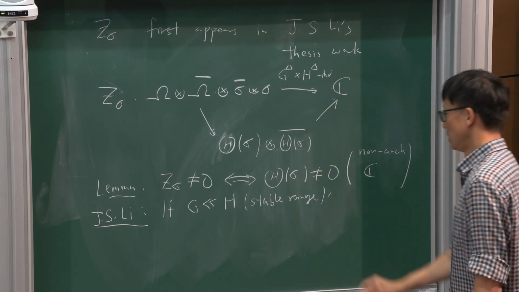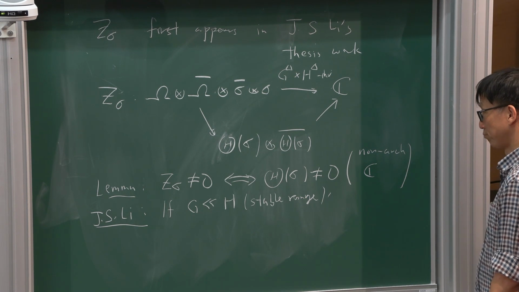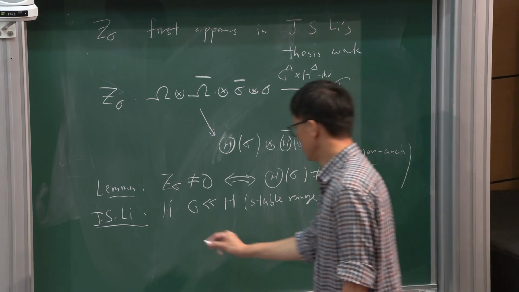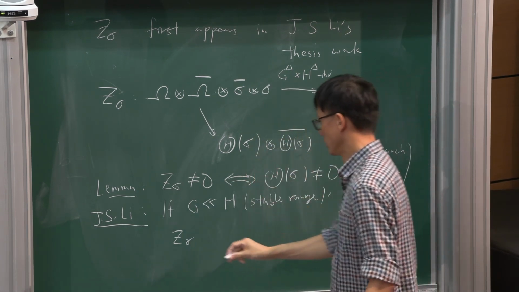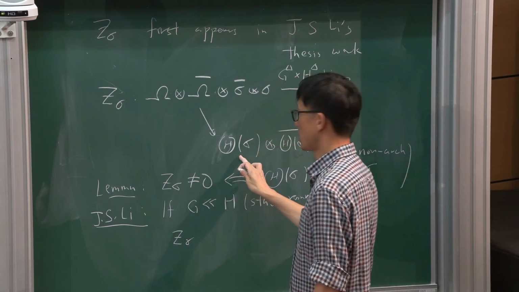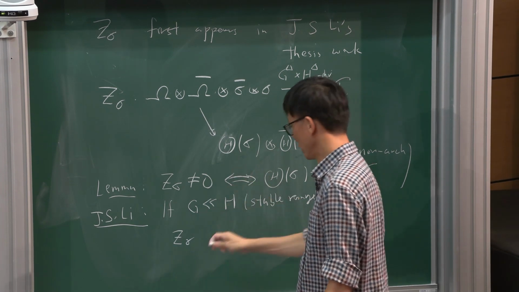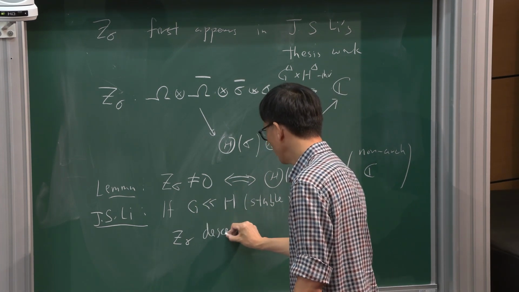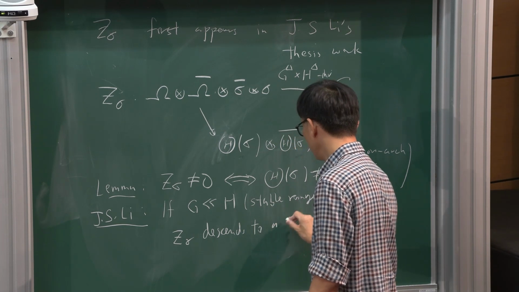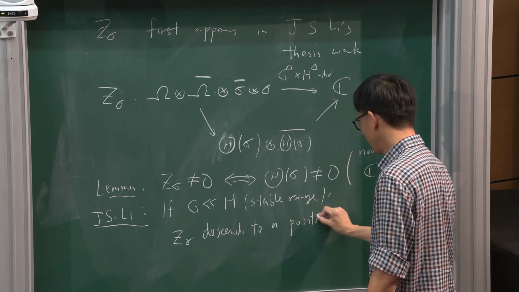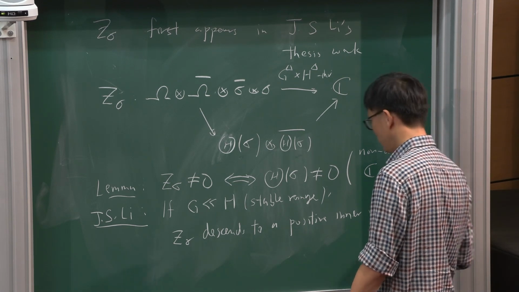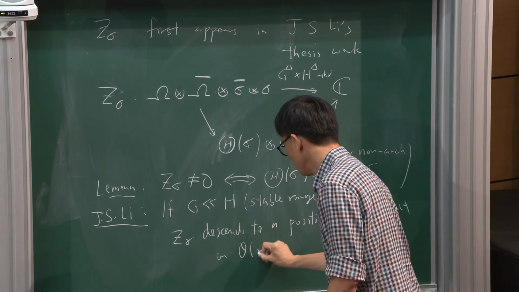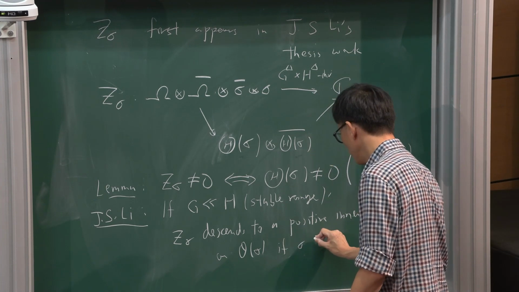If in the stable range, this form, thought of as a Hermitian form here, descends to a positive inner product on beta sigma, if sigma is unitary to begin with.